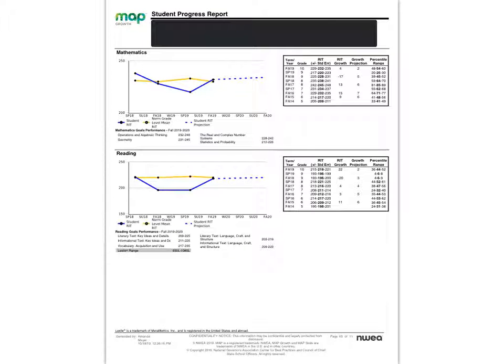In the high school, this is another trend you might see, a dip in the middle of the school year. And it is possible that the student is losing some skills in those areas, but the more likely explanation is that this high school student just didn't try very hard on that particular day when they took that exam.